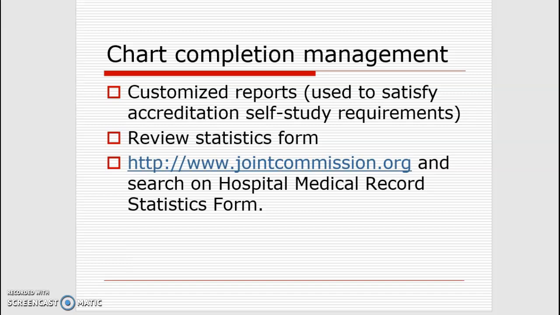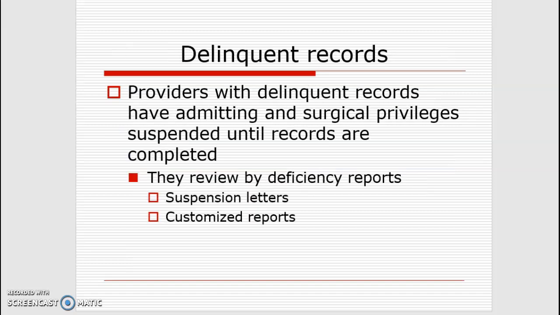And now that everything's electronic, it is so easy for a physician to go in there and sign or date their progress notes or anything that needs to be completed. But a lot of times a physician chooses just that it's too busy of work. So management, we have customized report. This helps with accreditation.